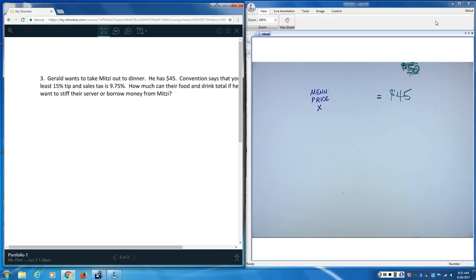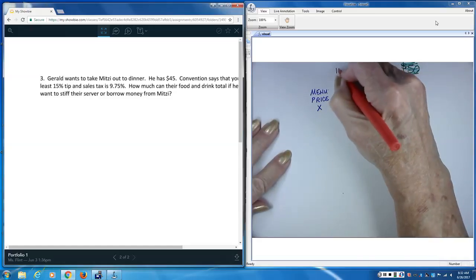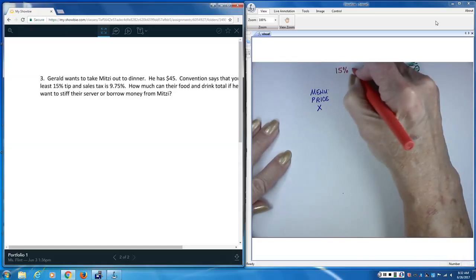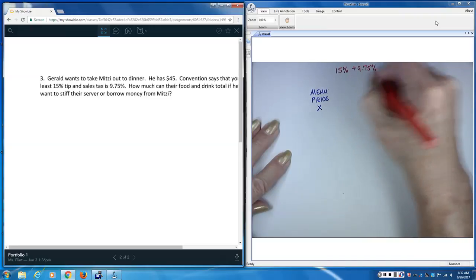Plus, he's got to pay a 15% tip plus 9.75% tax.